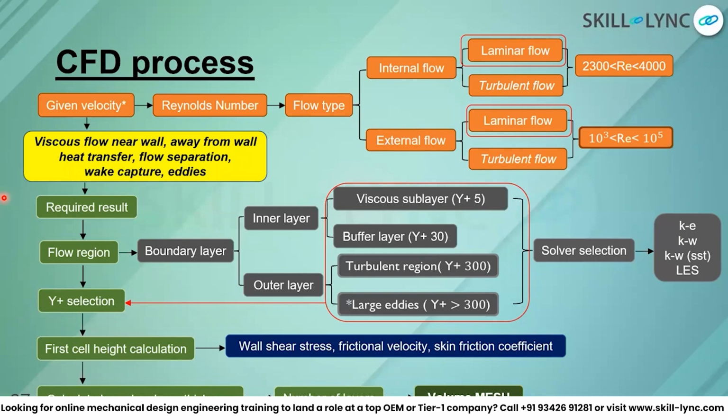So you need to do some calculation, have some assumptions, calculate some properties. That's how I tried to summarize the CFD process, and with this you are good to go, but still each and every block you should be able to understand properly.